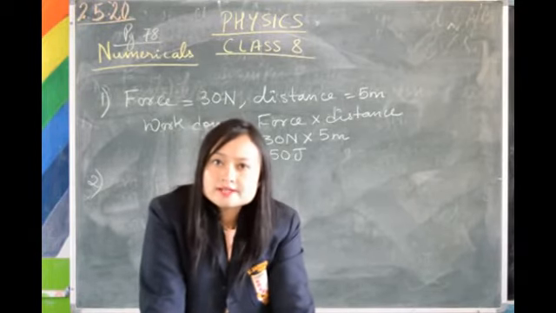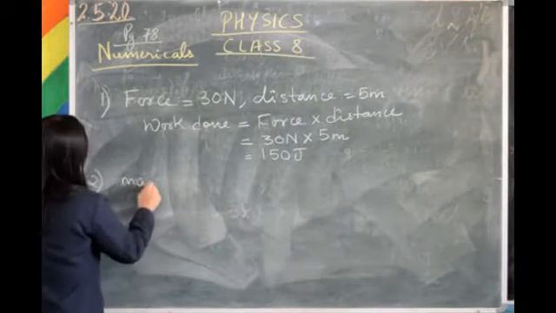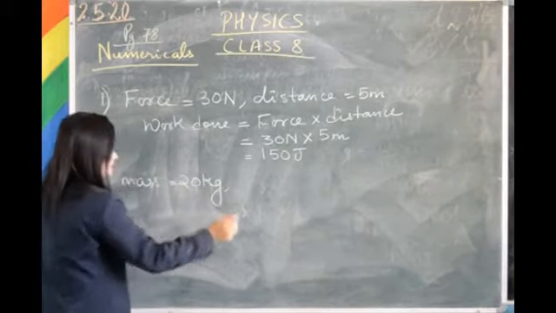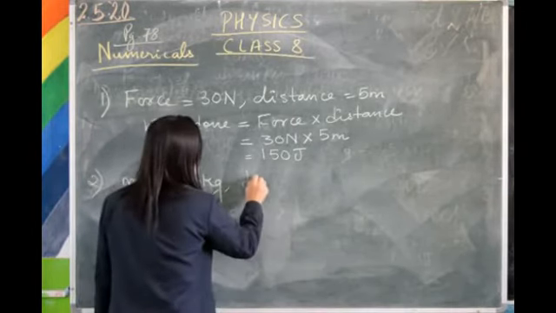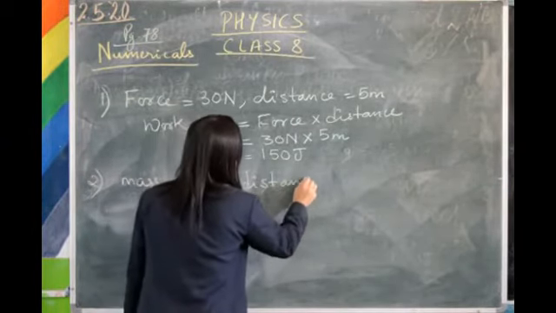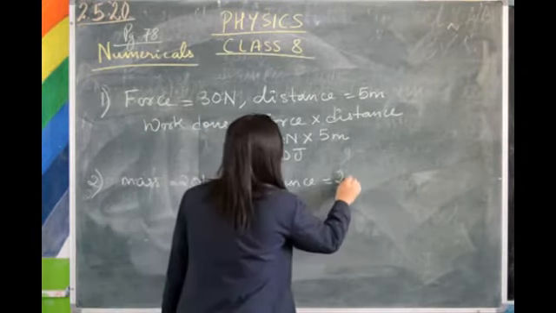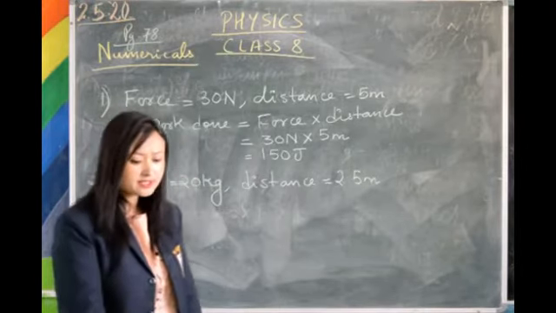But what is given rather? Mass. Okay, so mass is given. How much is your mass given? Mass is given 20 kg. And distance is given. Your height here is your distance. How much is your distance given? 2.5 meter. What else is given?